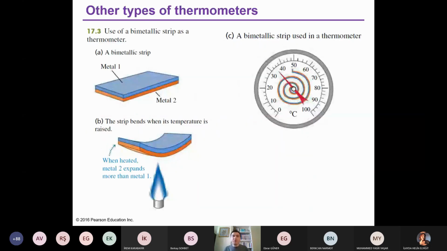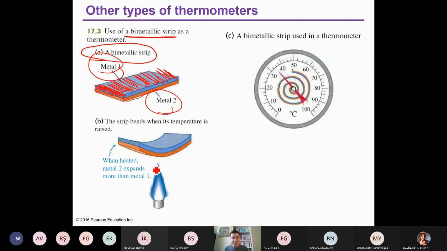Another type of thermometer is a bimetallic strip. Here in picture A, we have a bimetallic strip made from two metals. This is metal 1 on top, okay? And at the bottom, there is another metal, but they are different metals, with different thermal properties.